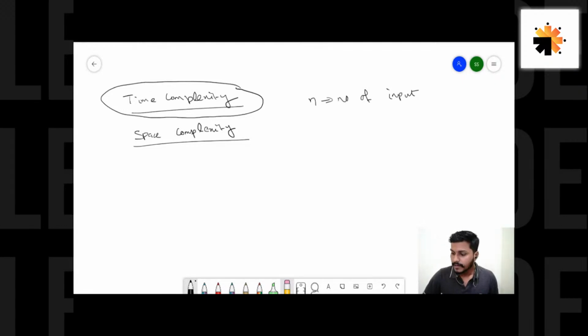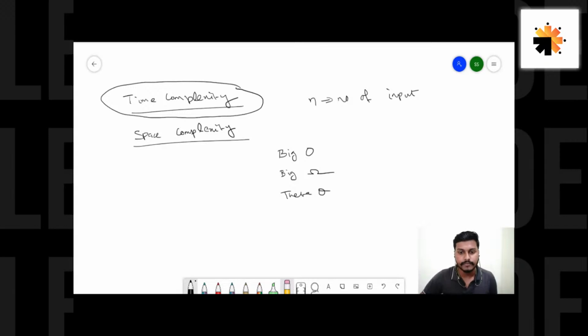There are different notations to write down or identify the time complexity. There are actually 5 asymptotic notations. One is big O, and the other one is big omega. Then the next one is theta, sometimes also called big theta.